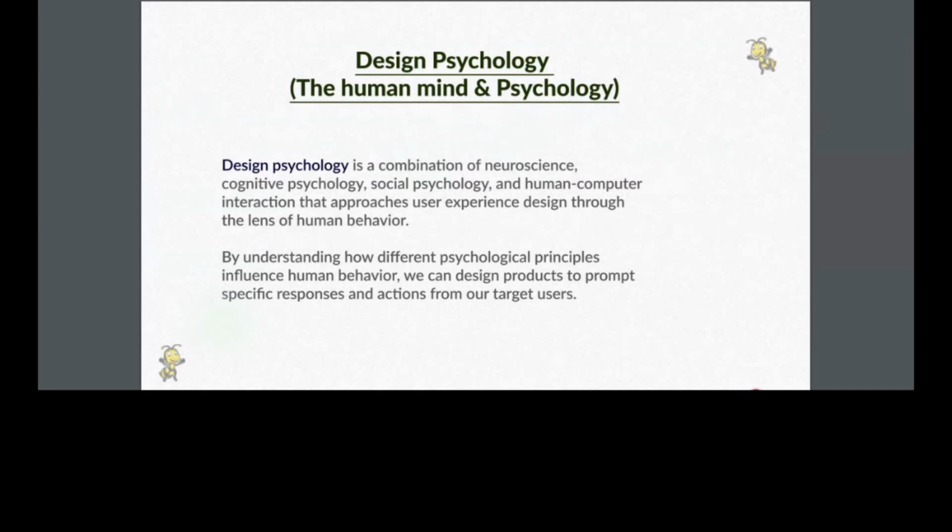So when we understand how different psychological principles work, how they influence your users, how they influence the behavior of people around you, this will help us design products that bring up specific responses and actions which we want from our target users.